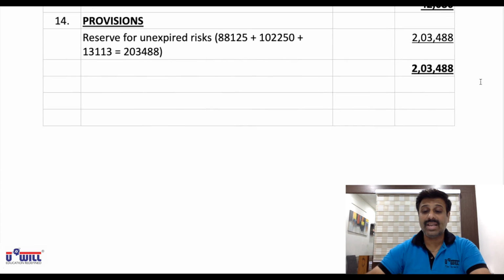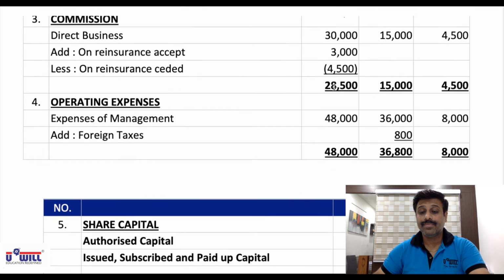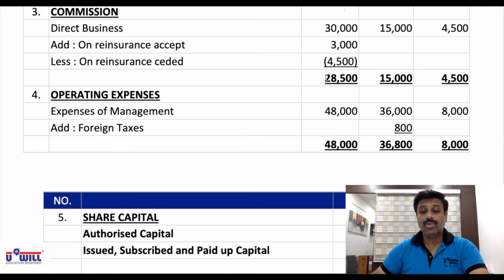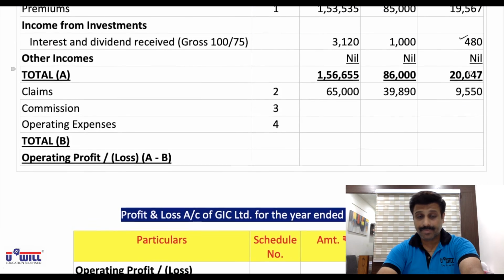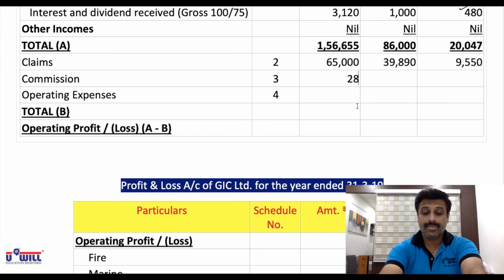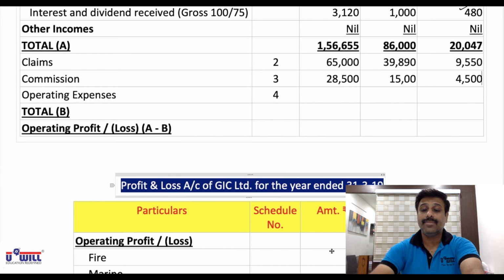Then commissions we have 28,500, 15,000 and 4,500. Okay, 28,500, 15,000 and 4,500.